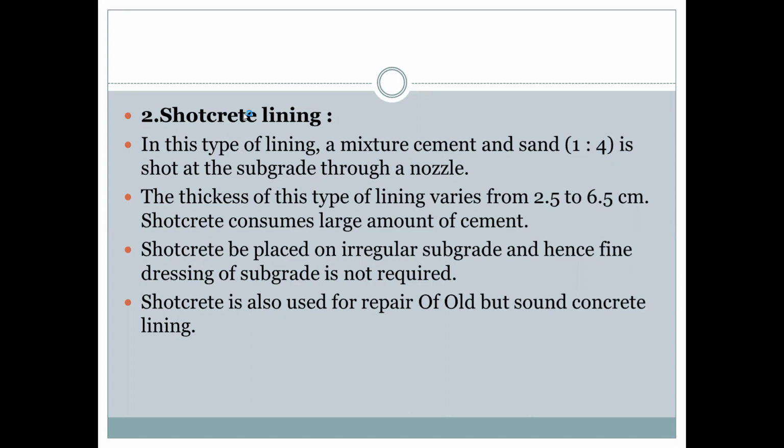And the second type is shotcrete lining. In this type of lining, a mixture of cement and sand is used, with cement and sand having ratio 1:4.